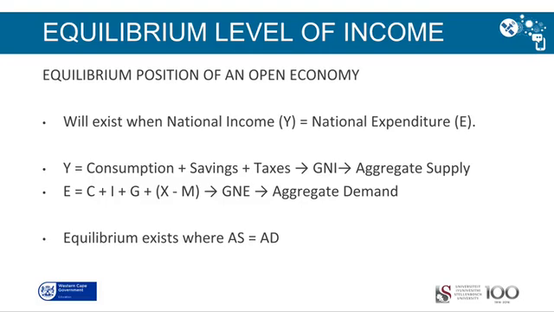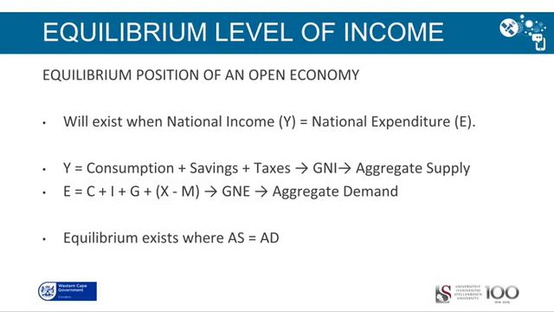Expenditure, on the other hand, consists of consumer spending plus investment spending plus government spending plus exports minus imports. That is the same formula you were taught as the GDP formula in grade 10.